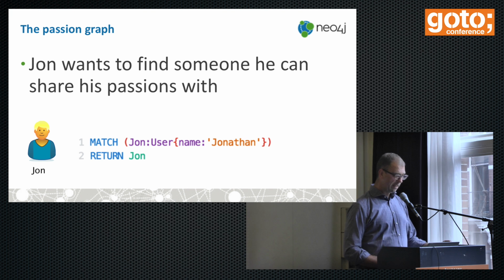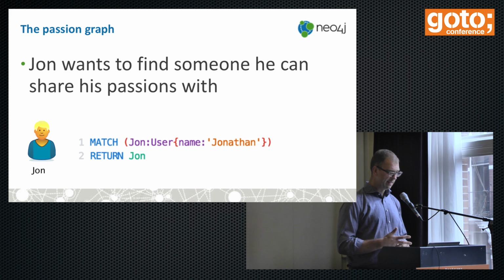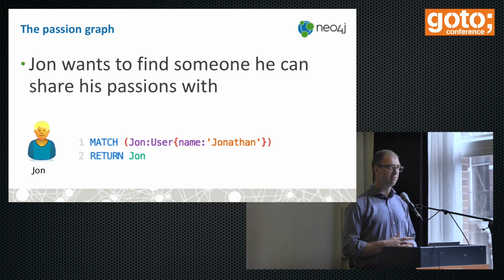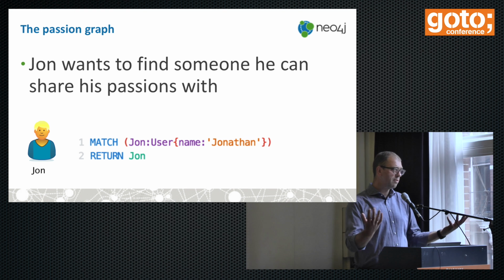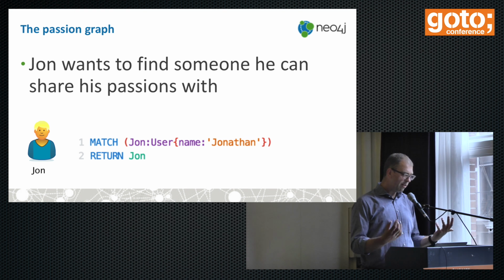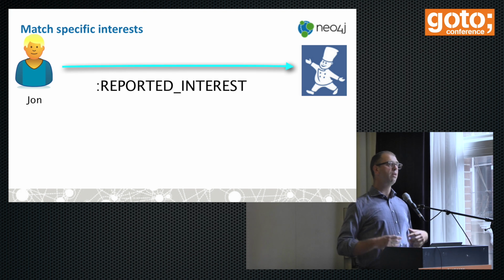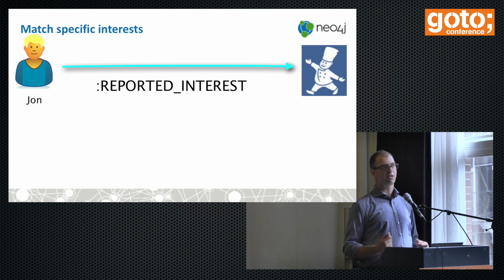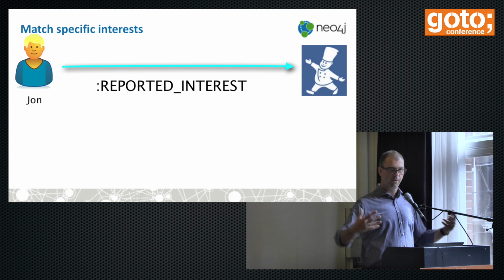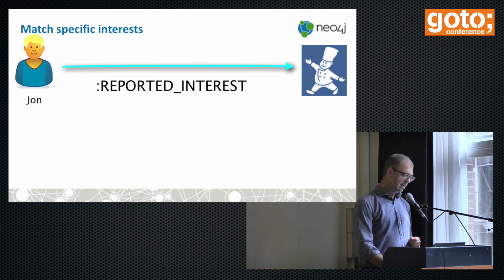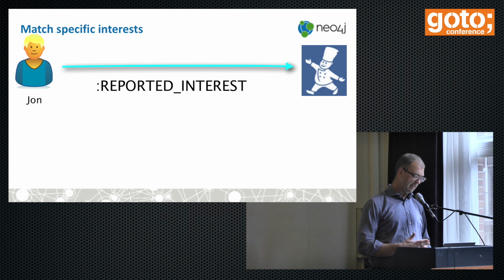And Jonathan obviously has this other aspect that he wants to involve, which is his passions. What is he passionate about? What are the things that he cares about? That's where many of those dating sites will ask you for a reported interest. They will ask you what you are interested in, and obviously, if those things match, they will use that for the recommendations.